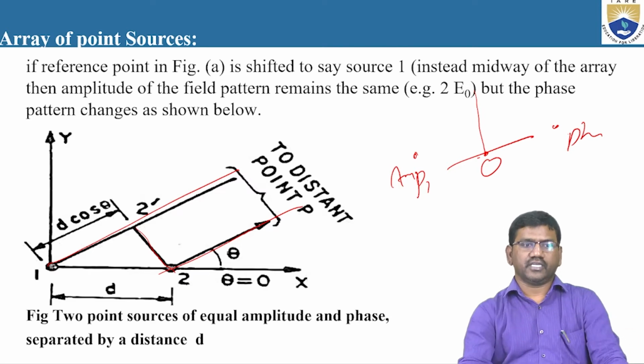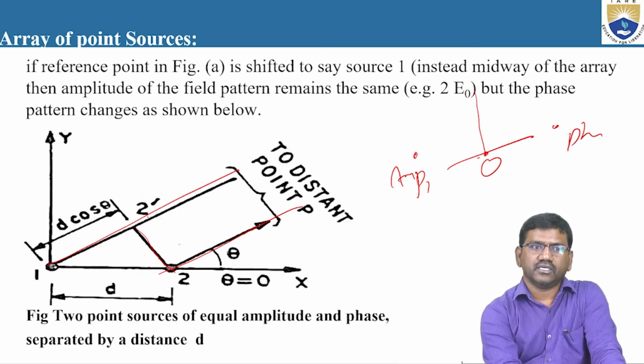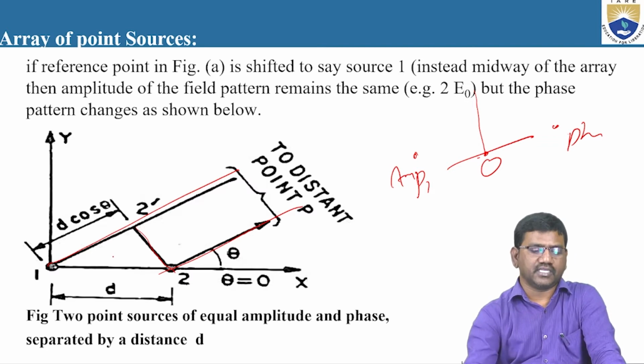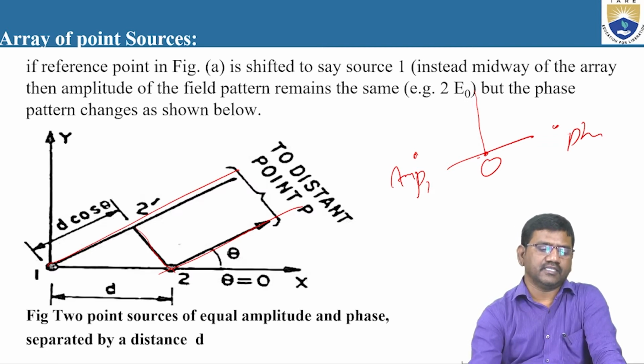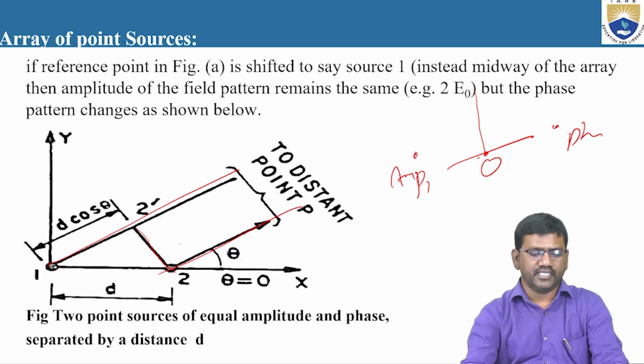To calculate the distance 1 to 2 dash, by applying the trigonometric function cos theta, you will get d cos theta. The distance between the 2 point sources is represented as small d.